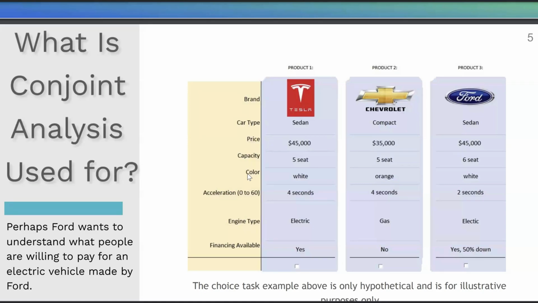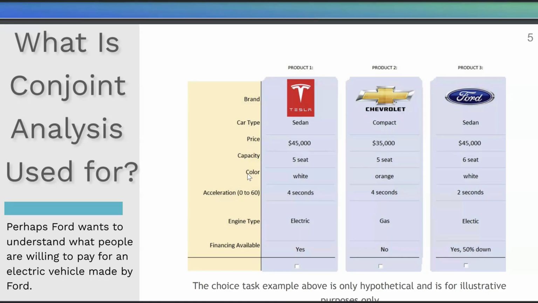The color may be one of the attributes that you want to vary and understand, potentially, if it's relevant. Or, if you're Henry Ford, you say it's only going to come in black, and be happy with that. Acceleration is one of the cool things that people want to buy electric cars for, because they accelerate very fast. And of course, you want to compare electric versus gas so that you can understand what people are willing to pay when you go from a gas engine to an electric car, etc.